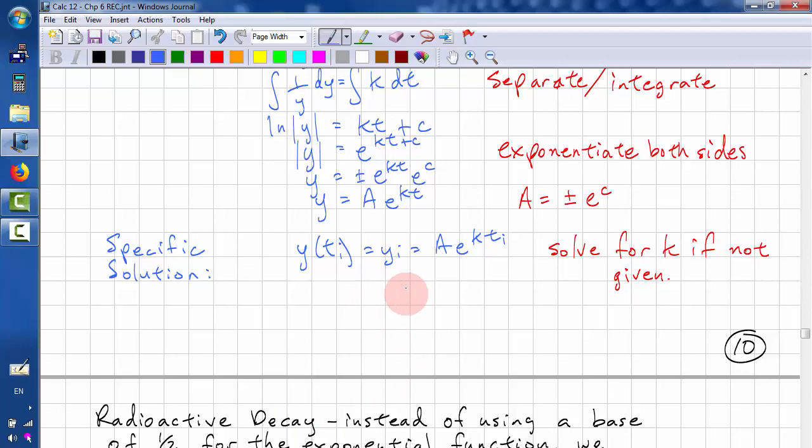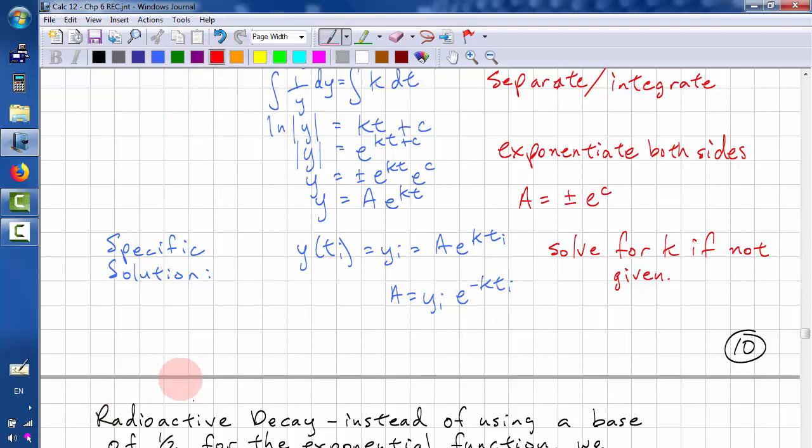And you can say a equals y i e to the minus k t i. Okay, it's negative because when we bring it over to the other side, it goes into the denominator. And when it's in the denominator, we can bring it into the numerator and negate the exponent.